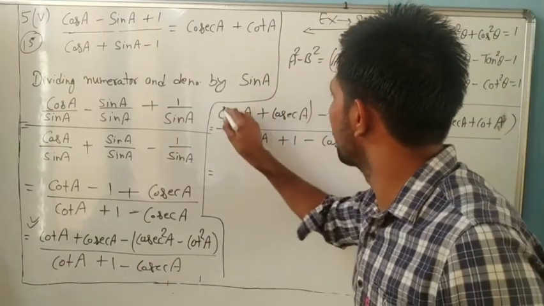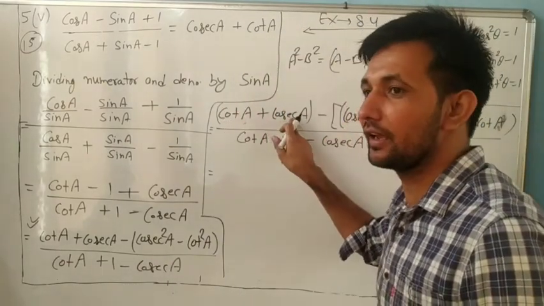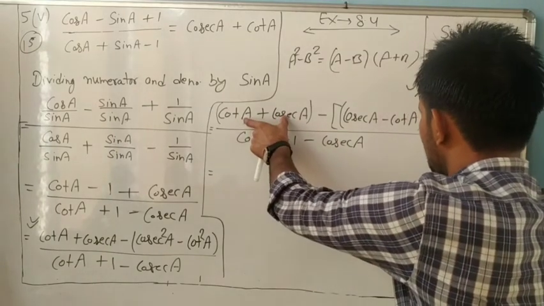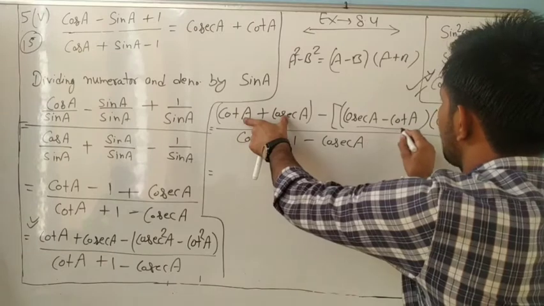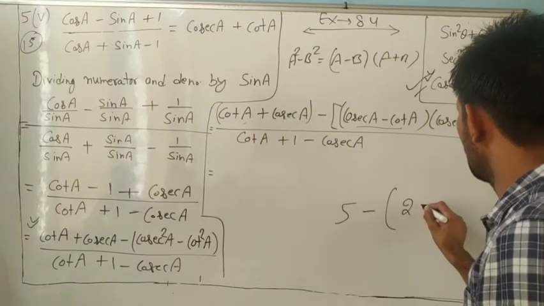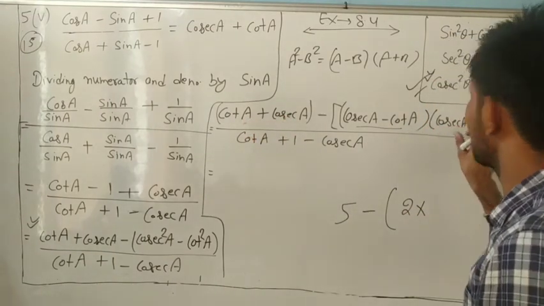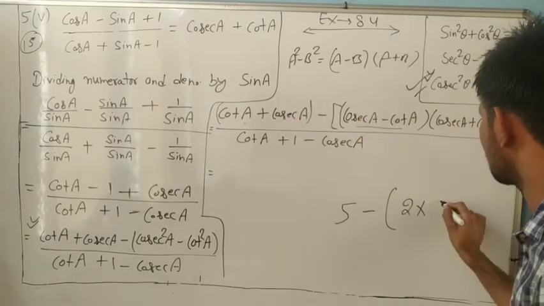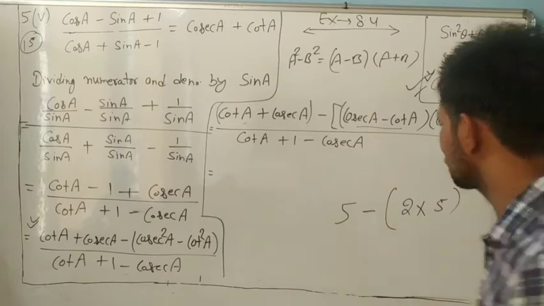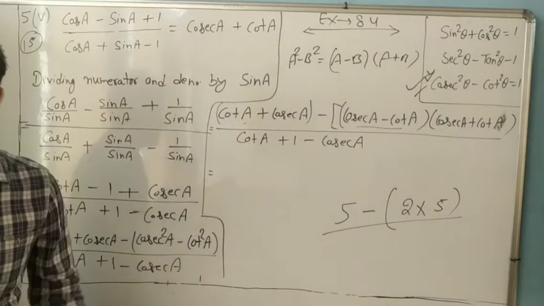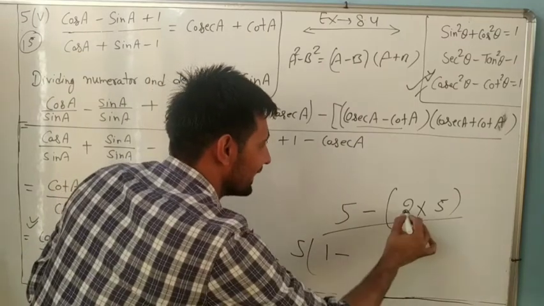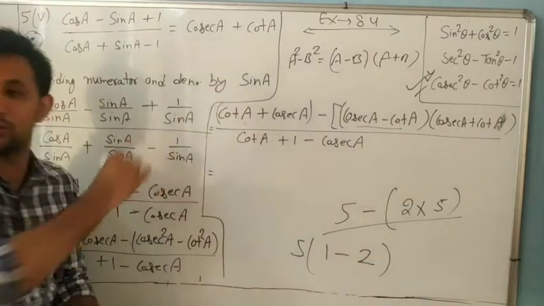It is one number, cot A plus cosec A. Suppose it is 5, minus bracket, cosecant minus cot A, suppose 2, multiply cosec A plus cot A. Cot A plus, both are same or not? Suppose it is also 5. What is common? 5 is common. What is remaining? 1 minus 2.